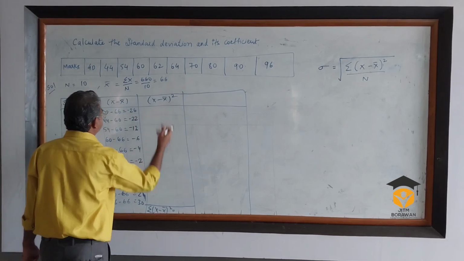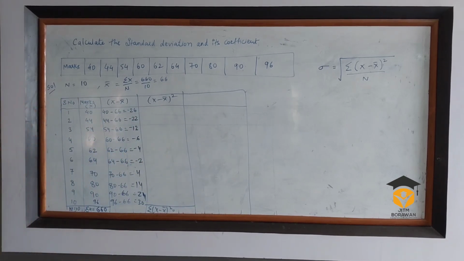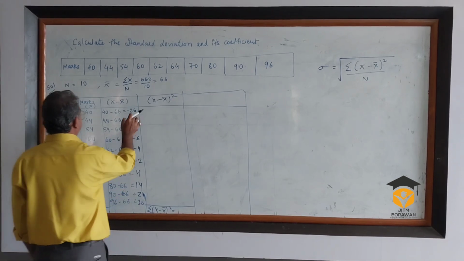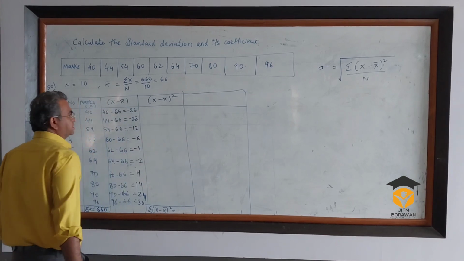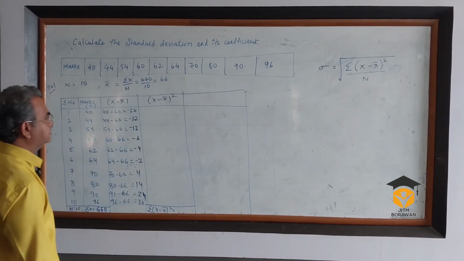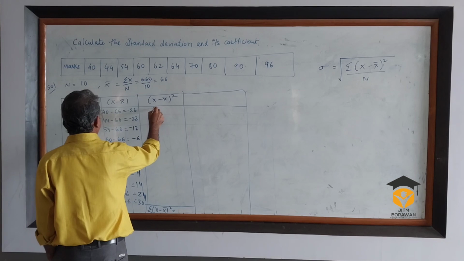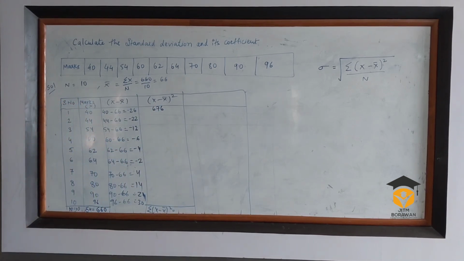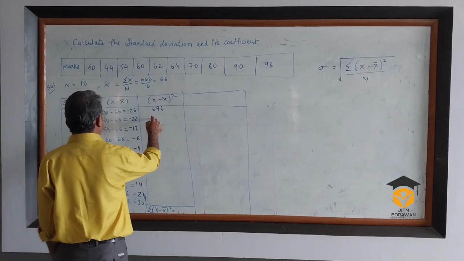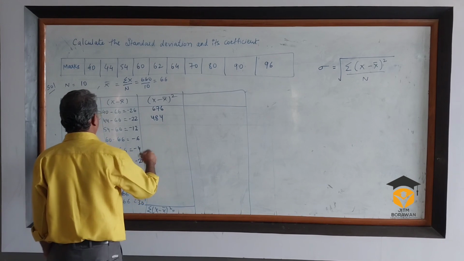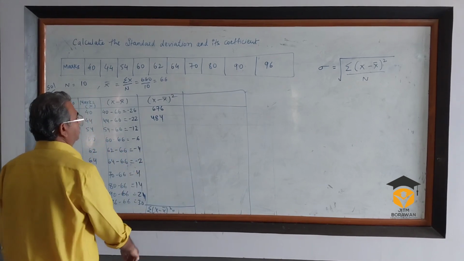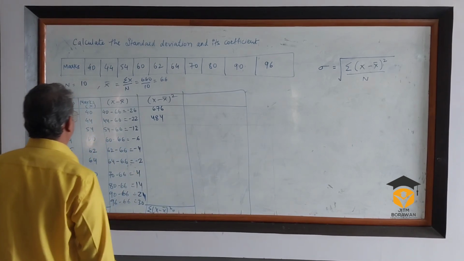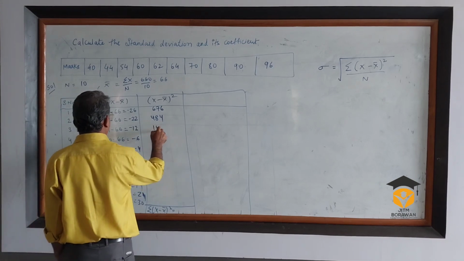So minus 26 into minus 26, basically I am doing the square of x minus x bar. So minus 26 whole square will be 676. Then minus 22 into minus 22, that is 484. So 12 into 12, that is 144, as the minus goes away.